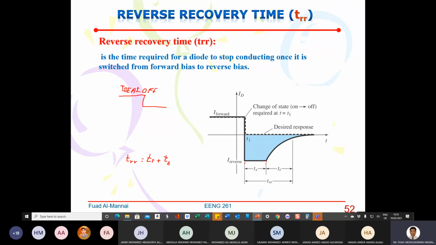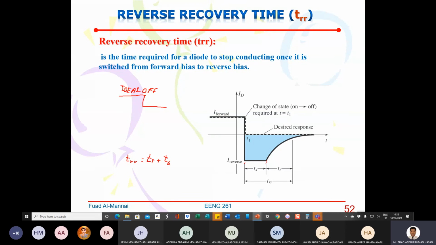If you are not careful and you design a high-speed circuit and put a diode like this, your circuit will be very slow, and you will ask why. It's maybe because you didn't take this class or didn't understand this. Got it? Everybody got that?